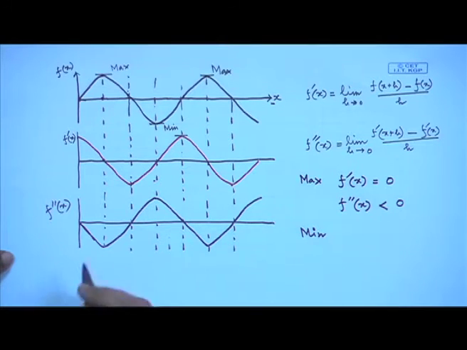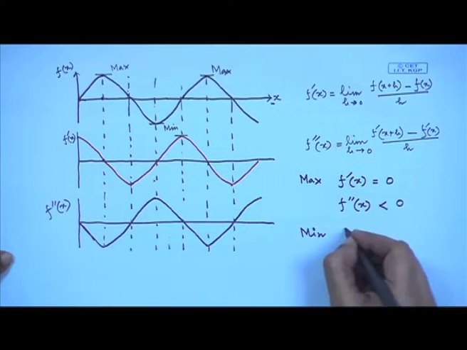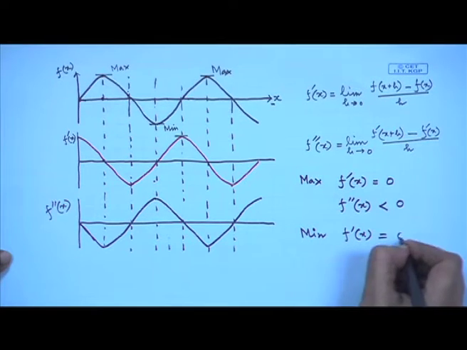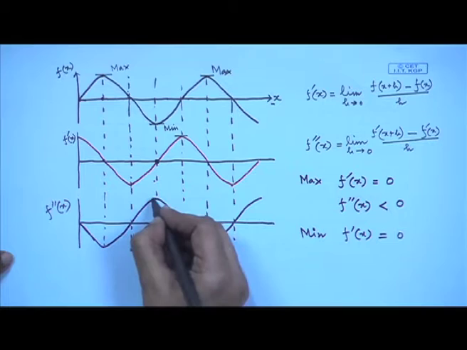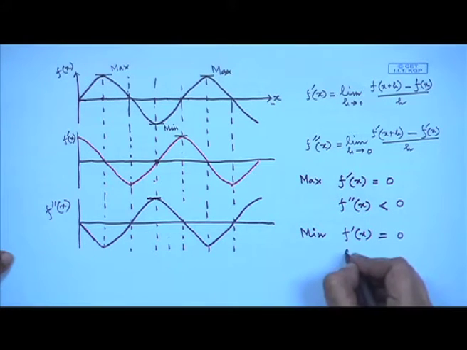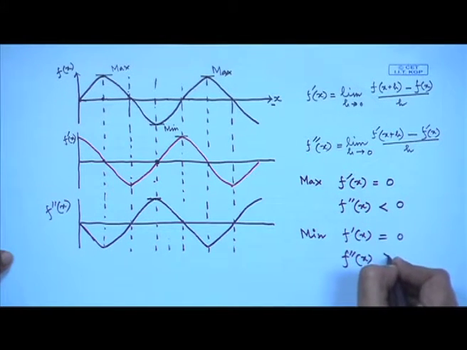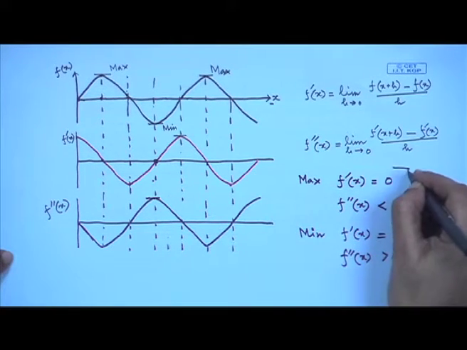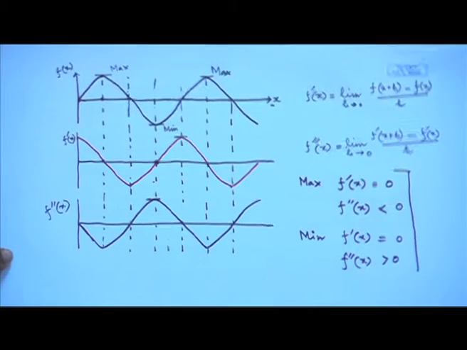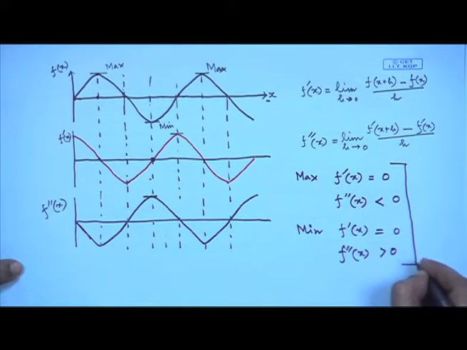If I see at the minimum point, again the first order derivative is 0 here, and the second order derivative is coming positive. Okay. This is the fact we will use for nonlinear programming solving, unconstrained optimization solving.